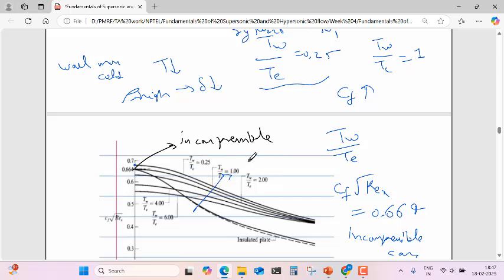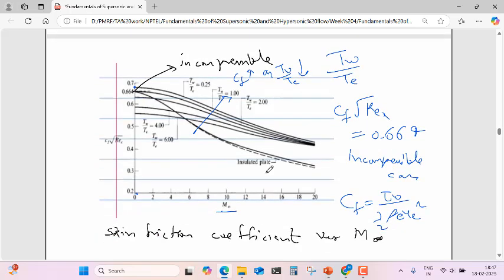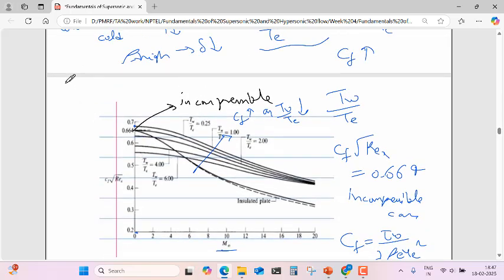CF will increase as TW by TE decreases, and CF will decrease as Mach number increases. But this is for CF.